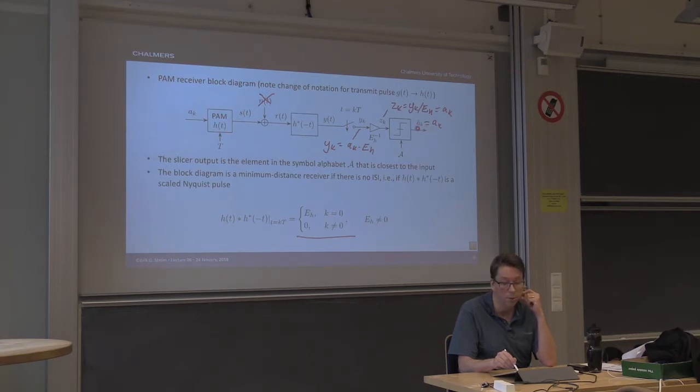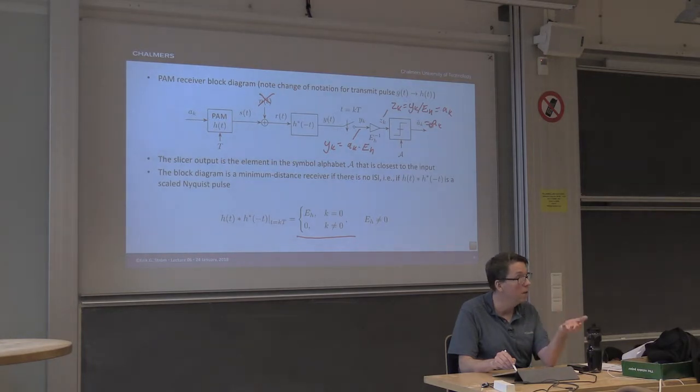That is, the output is not equal to AK, it's something else. And then we have made what's called a symbol error. And what we would like to do is to design a receiver such that we minimize the probability of making an error. Or in other words, to maximize the probability that we make a correct decision.